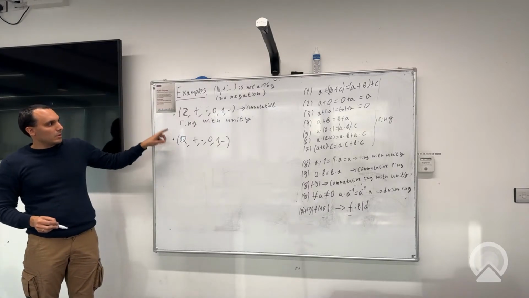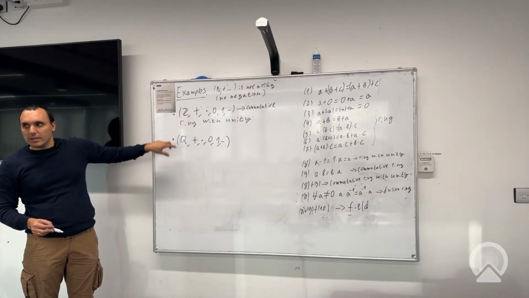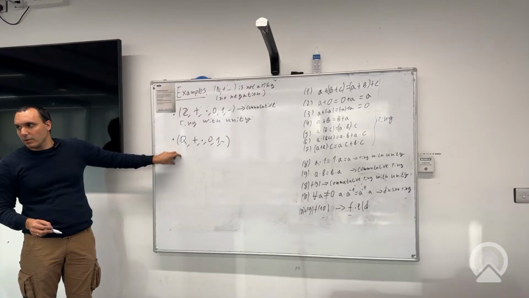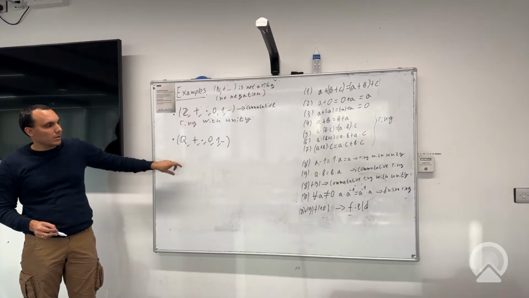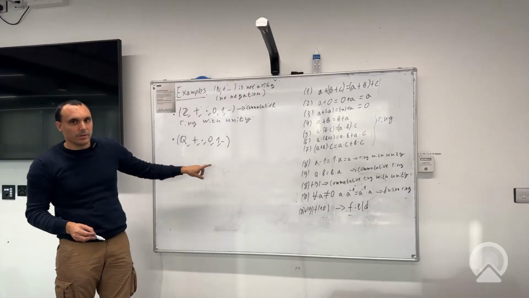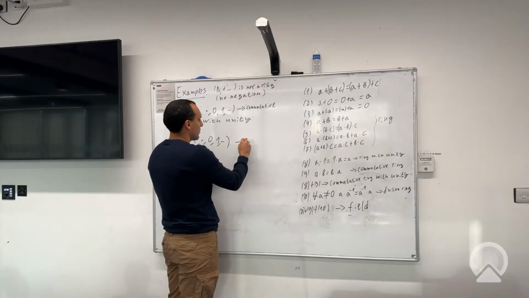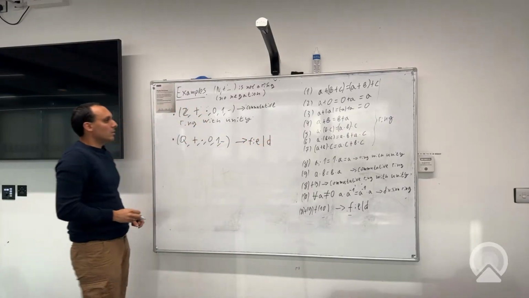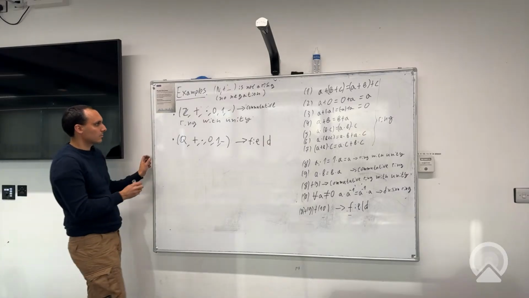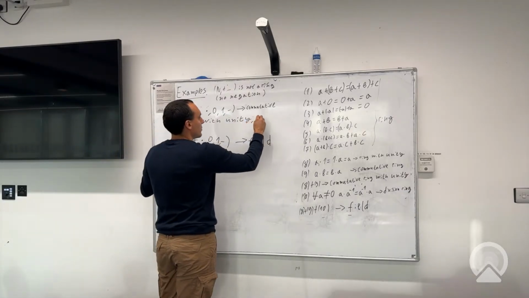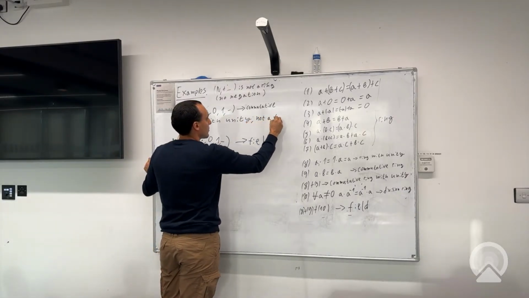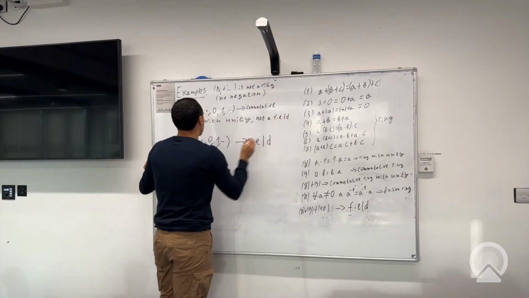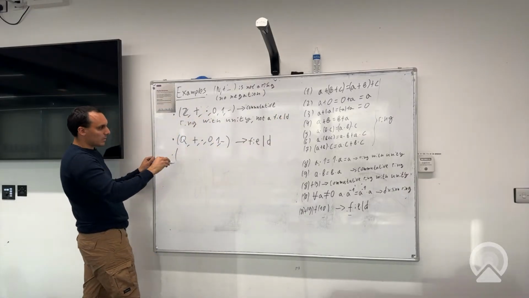Q is also a commutative ring with unity, but it has inverses for the non-zero elements. So it's a field. Real numbers as well.